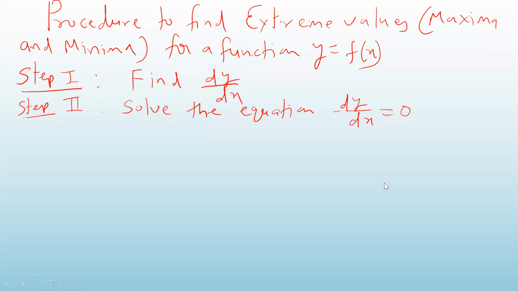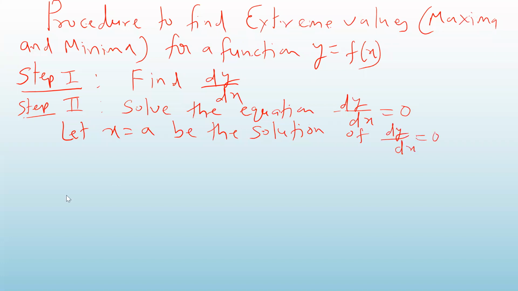You have to solve that equation. Suppose the solution of this equation is, let x is equal to a be the solution of the equation dy by dx equal to 0. Because I'm writing a general proof, I've written here x is equal to a is the solution.